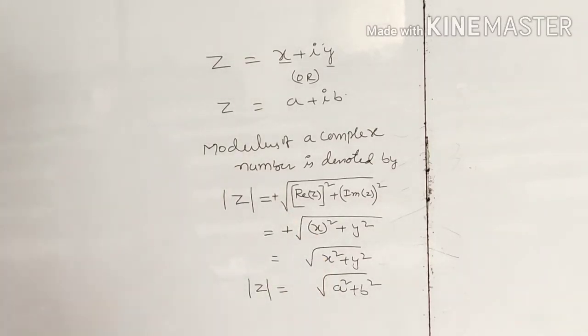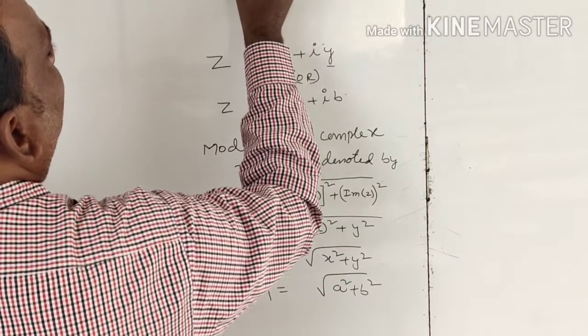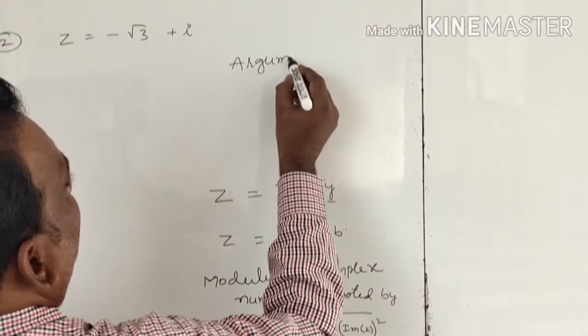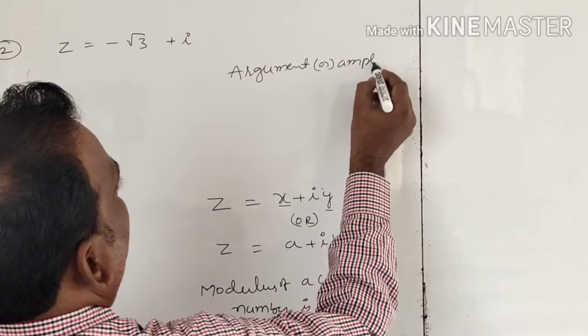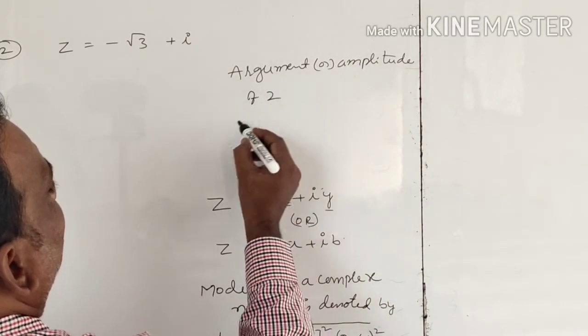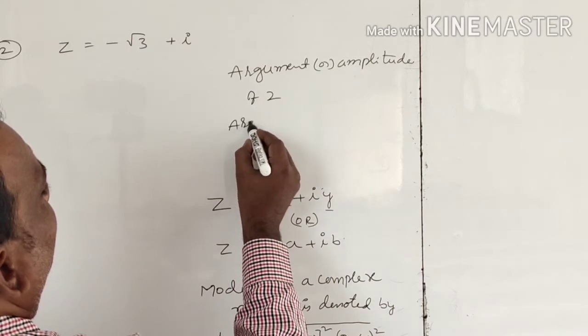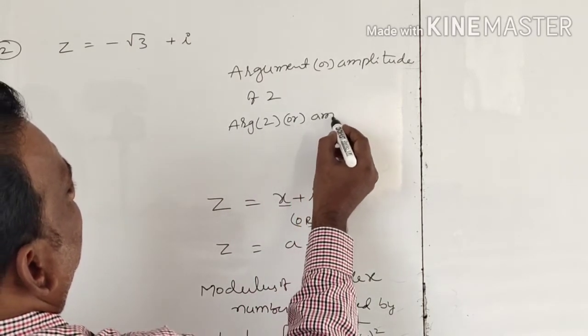Next, argument. Just now I told about argument. Argument is denoted by argument or amplitude of z. We will denote it like this: arg or amp.